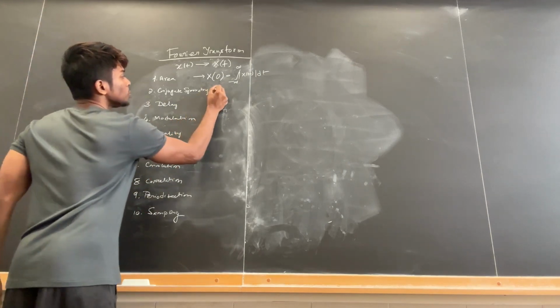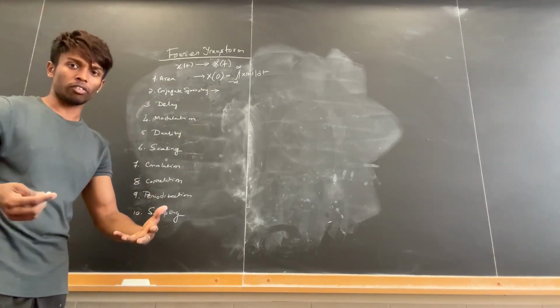Then the second property is the conjugate symmetry property. The Fourier transform is a conjugate symmetric function.